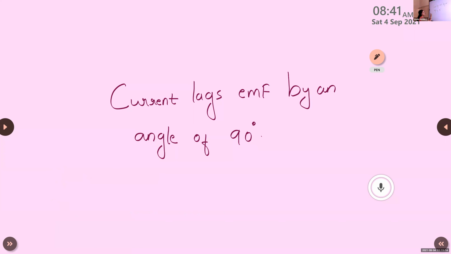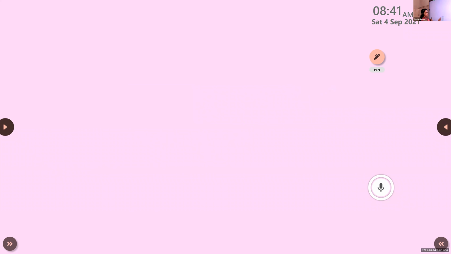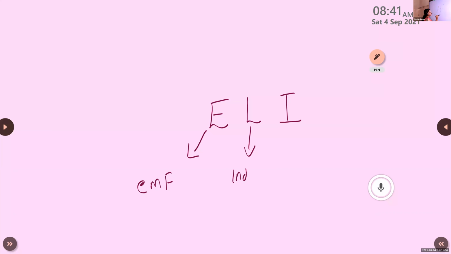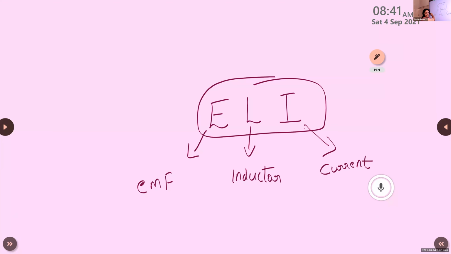Here is a short method to remember this, because we are discussing another case, the capacitor. E stands for EMF, L for inductor, and I for current. In Malayalam, we can call it LE, right?